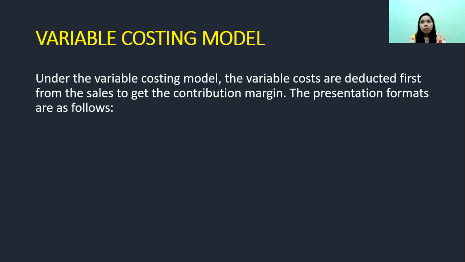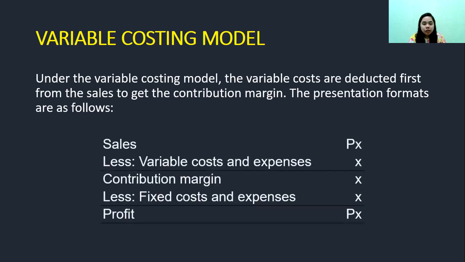So variable costing model, in here we are going to see the cost that is being separated. The variable cost can be seen, and also fixed cost can be seen. And what is this contribution margin? So you have here sales, less variable cost and variable expenses.